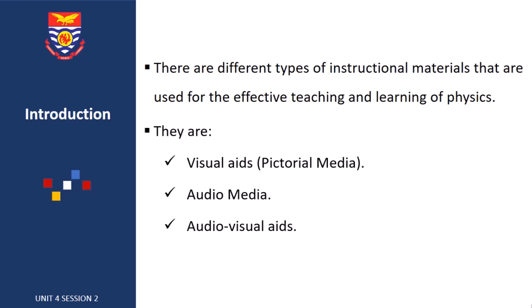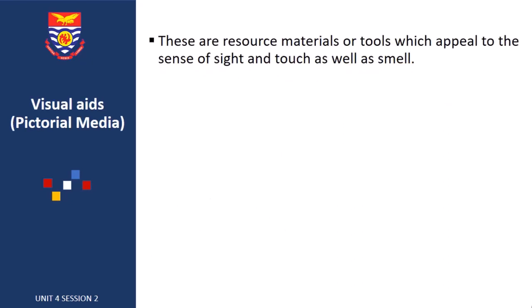And these instructional materials are the visual aids, or what we call the pictorial media, audio media, as well as audio visual aids. Now let's look at visual aids or pictorial media. These are resource materials or tools which appeal to the sense of sight and touch as well as smell.